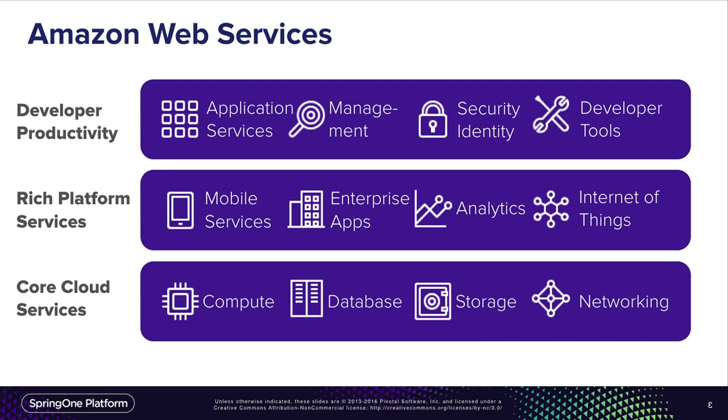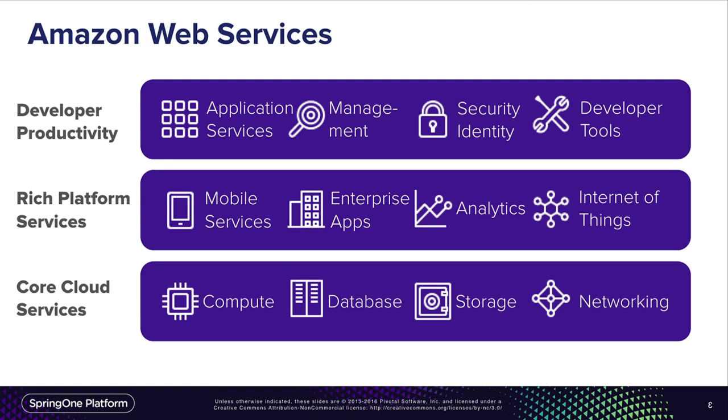But on top, and this is where everything gets very interesting and appealing for Spring developers, they also have developer productivity-based services, for instance, application services. And this is the area Spring Cloud for AWS is targeting, making it very simple to write applications that leverage those services. So I'm not talking today only about the EC2 service at all.